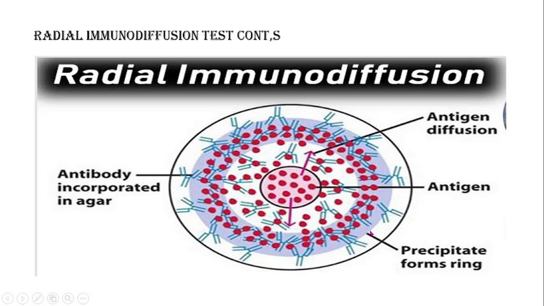The distance or diameter of this ring will be in proportion to the concentration of the antigen contained in the sample. It means that the diameter we measured on this ring will indicate how much antigen our sample was having.